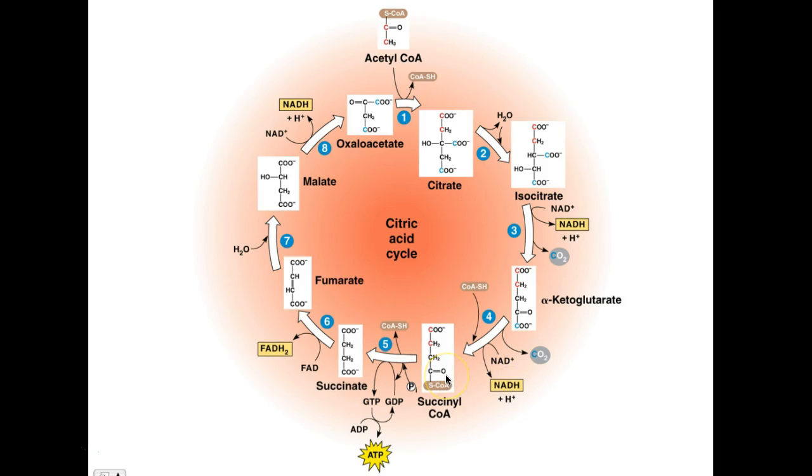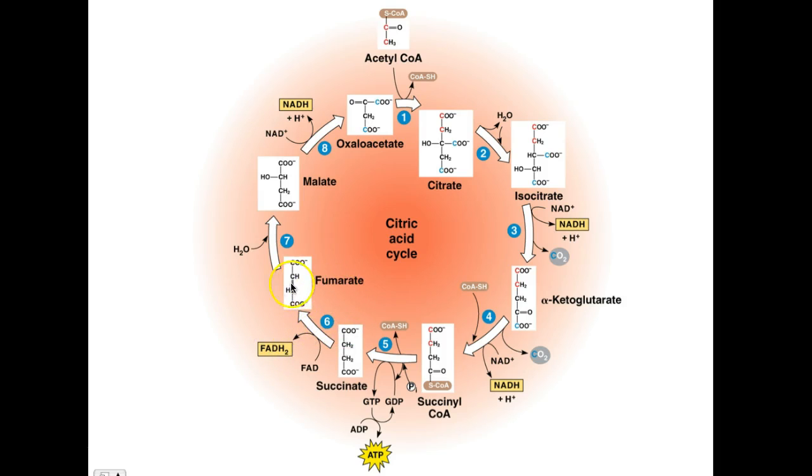And then when we convert succinyl CoA to succinate, what happens is we get substrate level phosphorylation. So ADP picks up a phosphate group to form ATP. And you can see here where that phosphate group is coming in. Now, when you go from here to here, you're going to form electron carrier molecule FADH2.